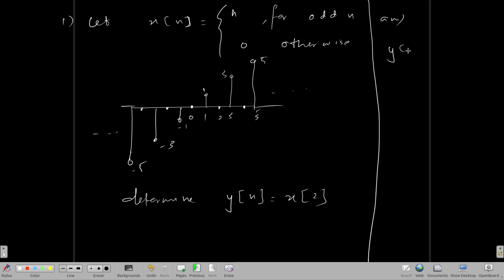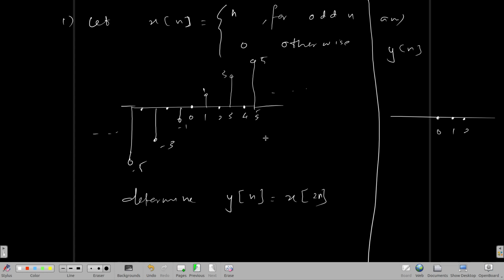So y of n, right, let's draw this. So y of 0 is equal to x of 2 into 0, that will be 0. Y of 1 will be x of 2, which is 0. Y of 2 will be x of 4, which is again 0.